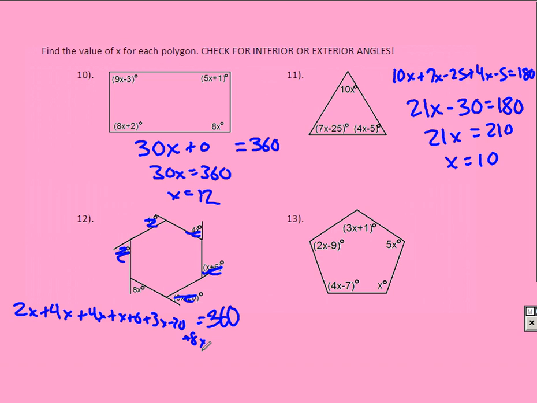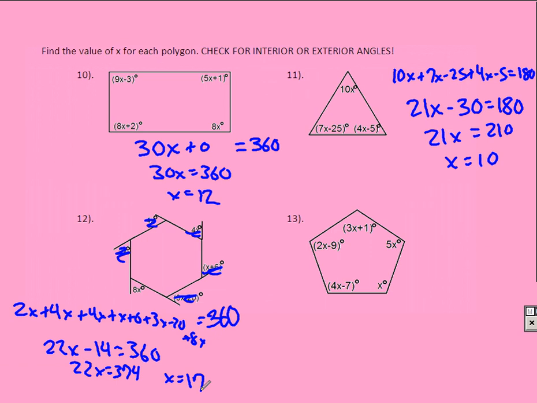When I add all those up, I should have 4, 6, 10, 11, 14, 22 x's. And for my unit values, I have a 6 and a minus 20, which means minus 14, equals 360. So 22x equals 374. When I do that division, I should get that x is equal to 17 for my answer.